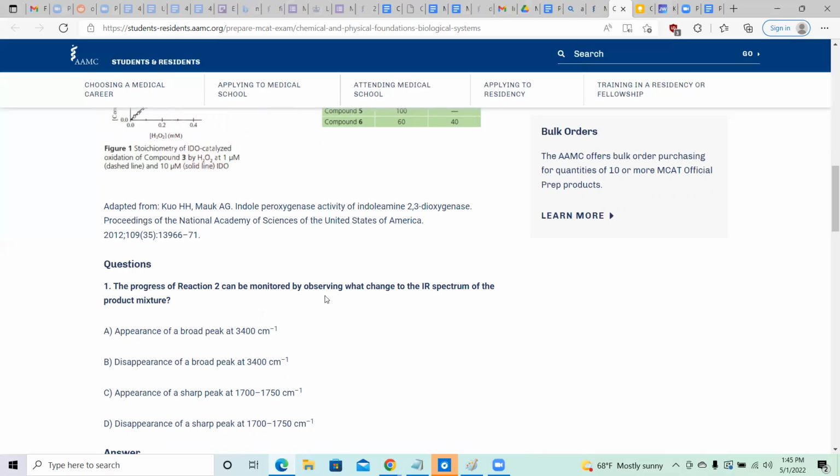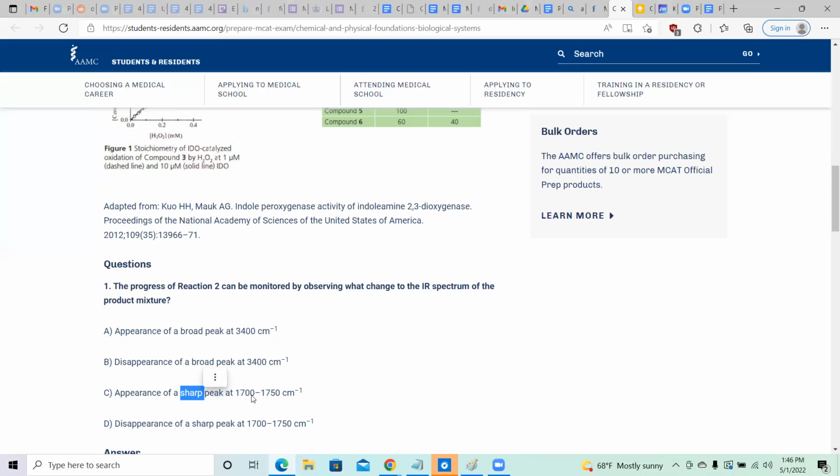So what do we think it will be? Will it be a broad peak at 3,400 or a sharp peak at 1,750? I think if it was an amino group being formed, you would get the broad peak at 3,400. But since it's the carbonyl groups, I think it would be the appearance of a sharp peak at 1,700. I believe that is correct.